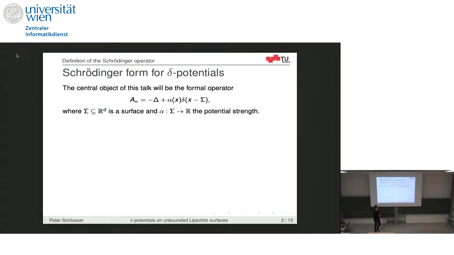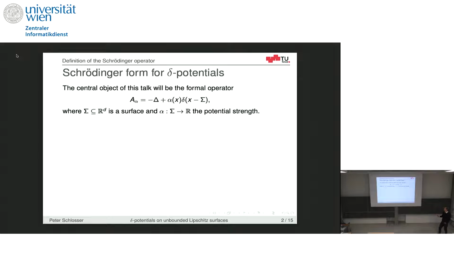Okay, let me start with the first thing where I introduce this operator. So formally, we consider simply the formal Schrödinger equation, minus Laplace, minus second derivative. And then I consider formally some potential, which is located on some curve. This is now in, let's say, arbitrary dimension for now.